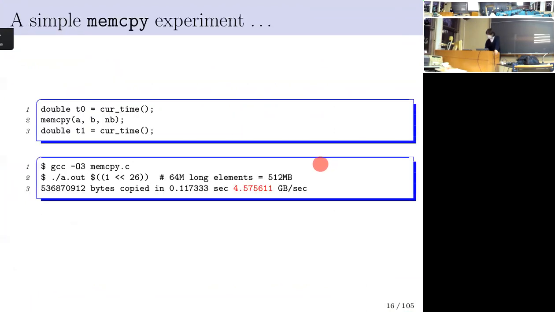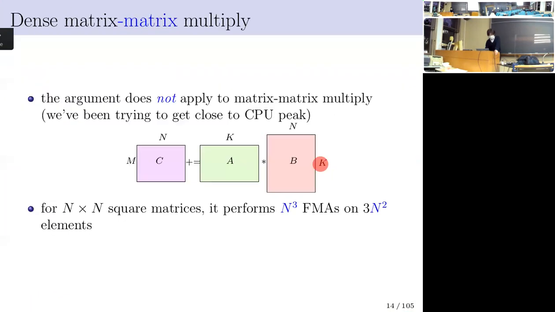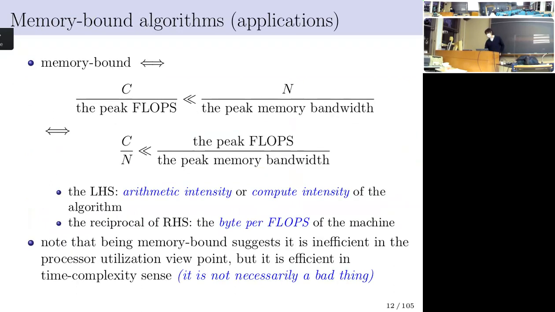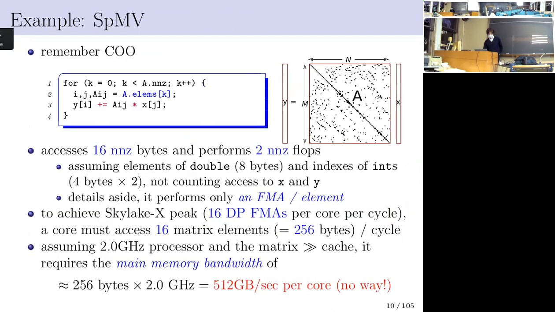The thing we were talking about last week is that there are so many algorithms whose performance is actually determined by the memory performance, not necessarily the processor's performance. As an example, I discussed sparse matrix vector multiply.